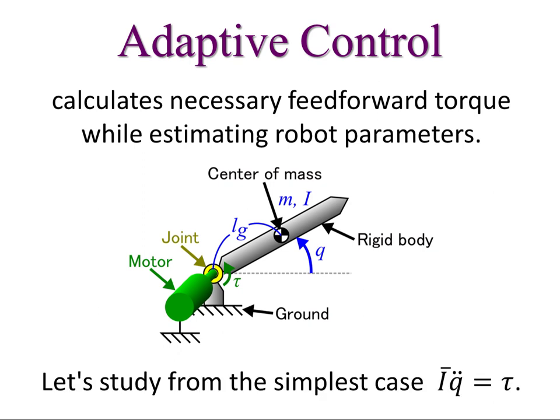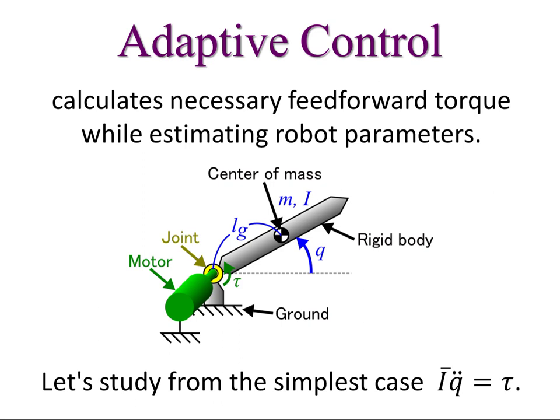Now, in order to understand the principle of adaptive control as easily as possible, let's understand adaptive control from the simplest example, the case of a single-joint robot that can ignore gravity, as shown in this figure.